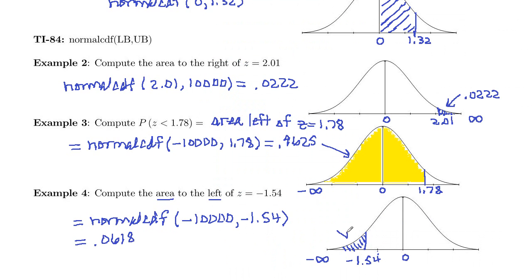So this area is 0.0618. And that is the area to the left of negative 1.54. It's also the probability that z is less than negative 1.54. And it is also the proportion of the data that's to the left of z equals negative 1.54.